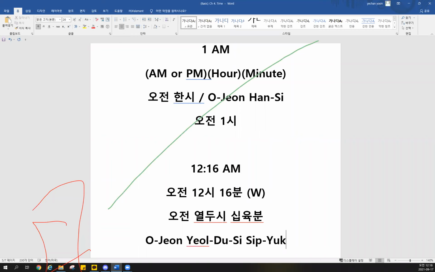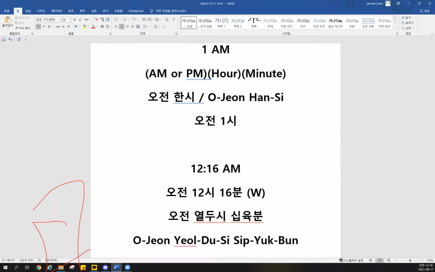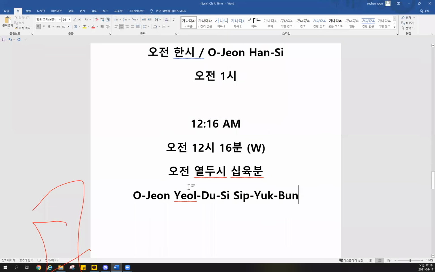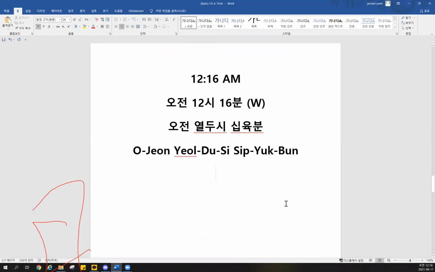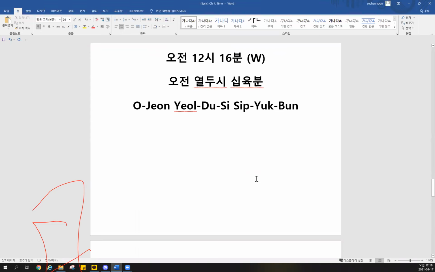Sky, can you try? Can you remove your writing, please? Thank you so much. All right, so this is going to be the answer. How can you read it, okay? So 오전 12시 16분. 12시 16분. Okay. All right. Next one.